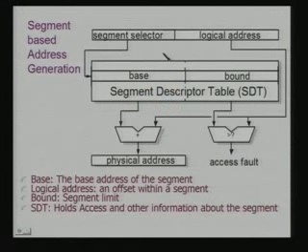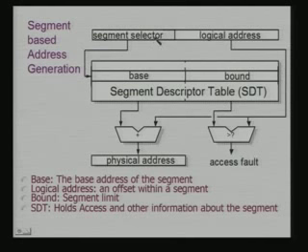So, the address generation is through this process. The address which the CPU generates can be logically looked at as consisting of 2 parts. The first part is the segment selector, which indicates the segment. The other part is a logical address, which is really an offset in the segment.